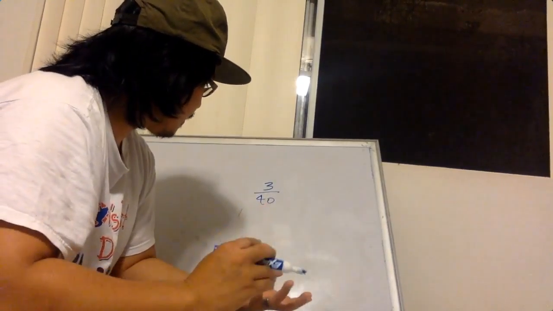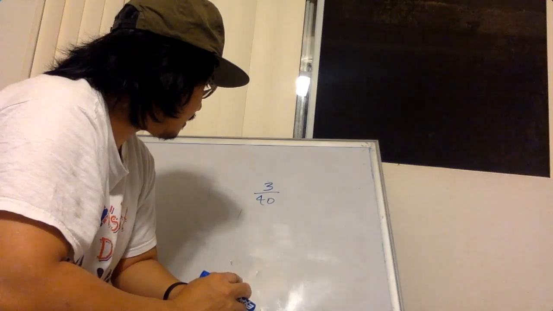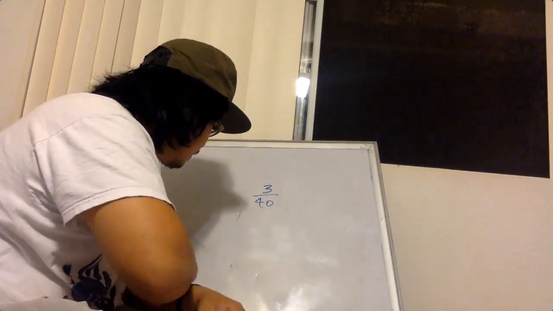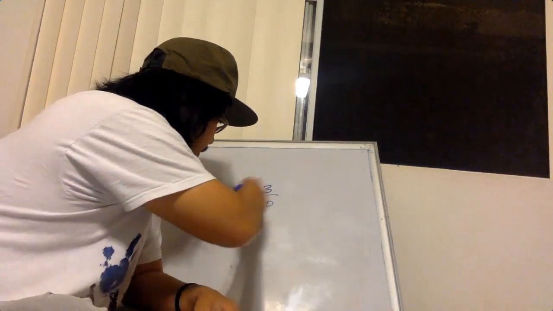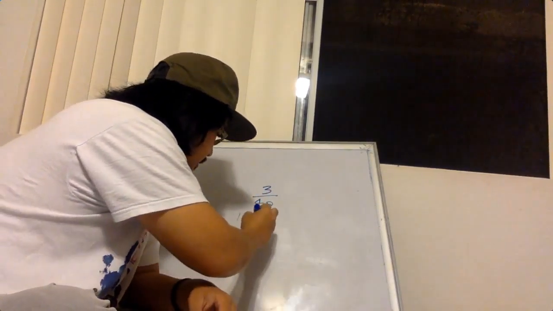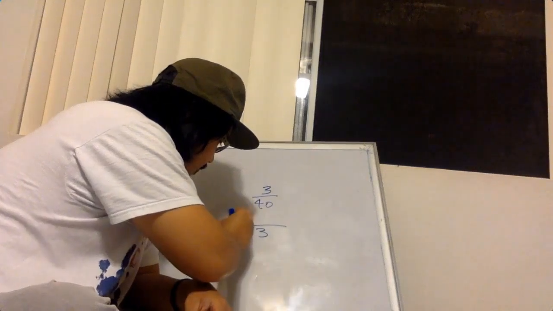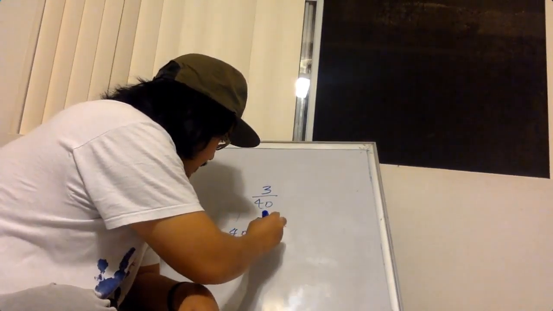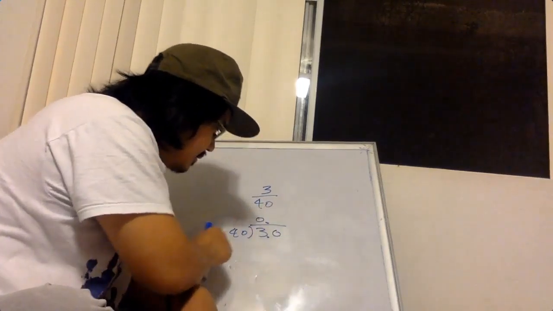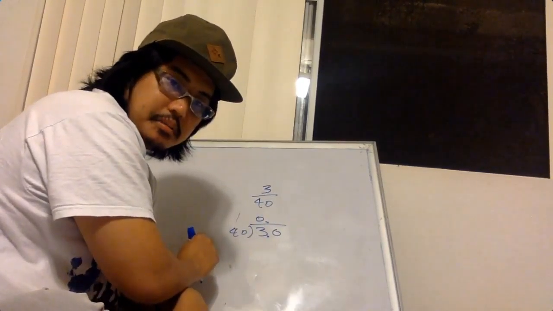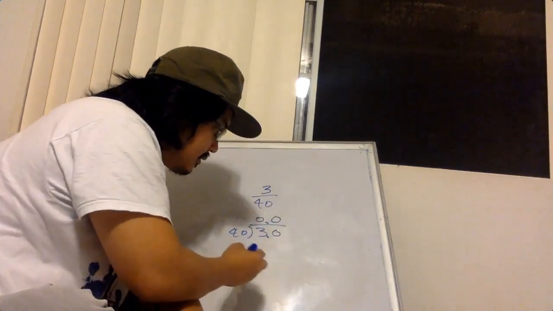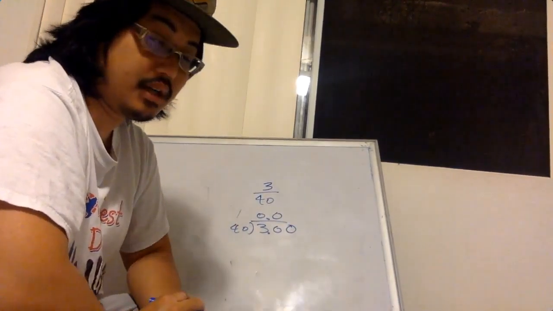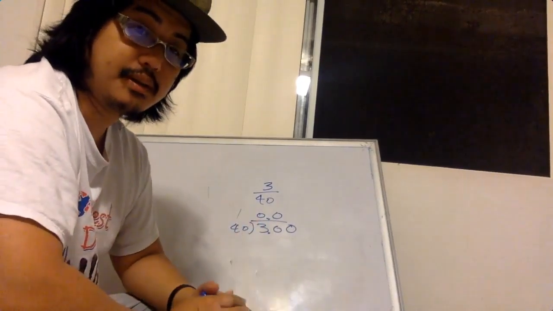So we just have to figure out what that is in terms of percentage. How many times can 40 go into the number 3? Definitely 0 times. How many times can 40 go into 30? 0 times again. So I put another 0. How many times can 40 go into 300?